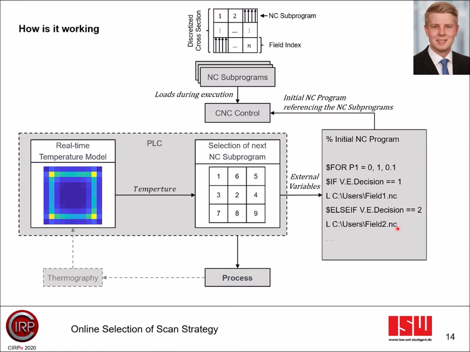The TwinCAT 3 control software used for the open control architecture offers the possibility of transferring so-called external variables to this NC main program during runtime. These variables contain the information about the next NC subprogram to be executed. The choice which NC subprogram should be executed is calculated in the PLC on the basis of the measured, or like in this case, of the calculated powder bed temperature.